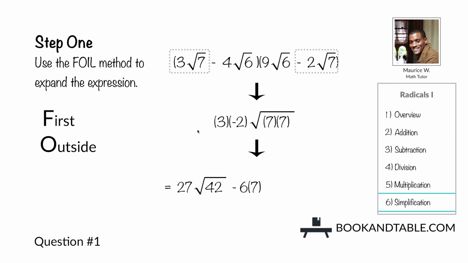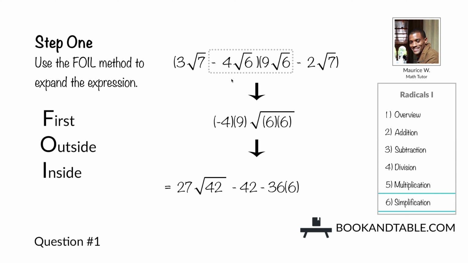You then go to the outside terms. The O in FOIL stands for outside. So the first and the last term. 3 times negative 2 gives you a coefficient of negative 6. Radical 7 times radical 7 gives you 7. Negative 6 times 7 is negative 42.